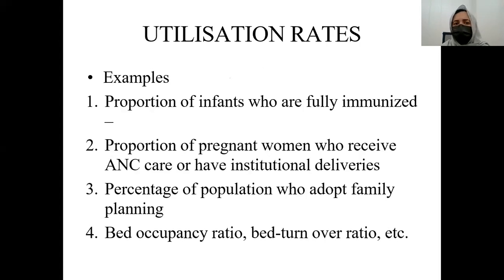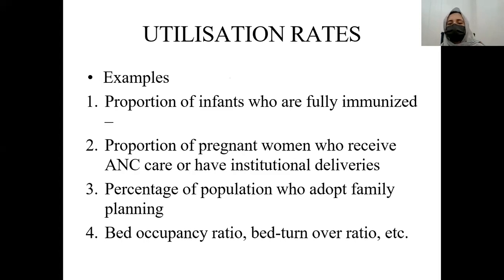Utilization rate. Utilization rates आपको कैसे मिलेंगे कि आपने एक सर्विस प्रोवाइड कर दी, to what extent they are being utilized by the population. For example, proportion of infants. अब हमारे यहाँ immunization दी जा रही है. You people have done expanded program on immunization. Program available है, effective है, functional है.